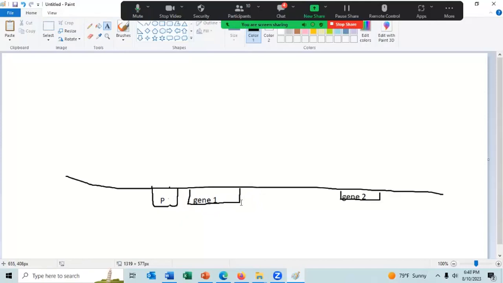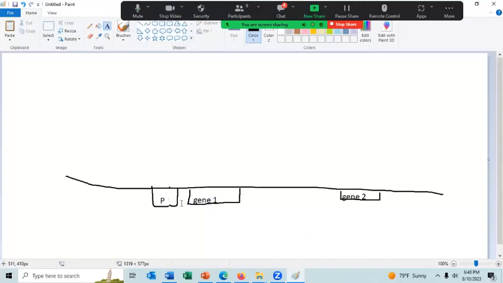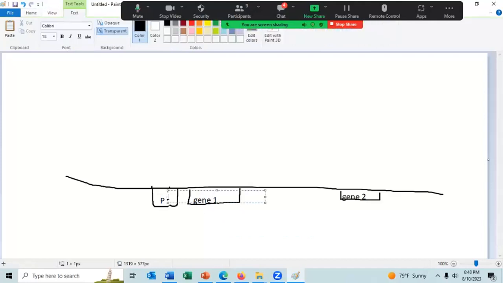Then it'll transcribe the gene, and that will go into the cytoplasm of a eukaryotic cell and be used for protein translation, because it's transcribed as messenger RNA, since this gene, we're going to say, codes for a protein. But anyways, the promoter is a region of DNA upstream of the gene, very close to it, and it codes for the RNA polymerase to bind to the gene.